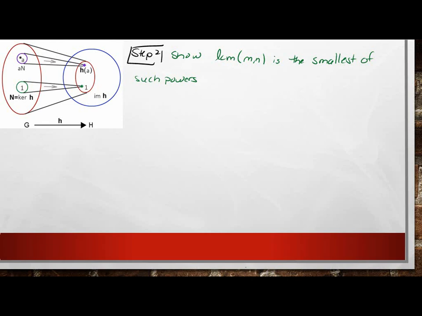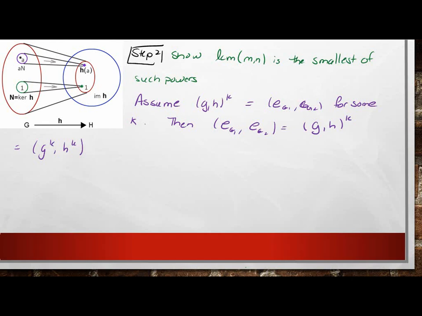So step 2 is to show that this is actually the smallest of such powers. So assume there's a k that takes me back to the identity. Then, by definition, g to the k is e in G1 and h to the k is e in G2.